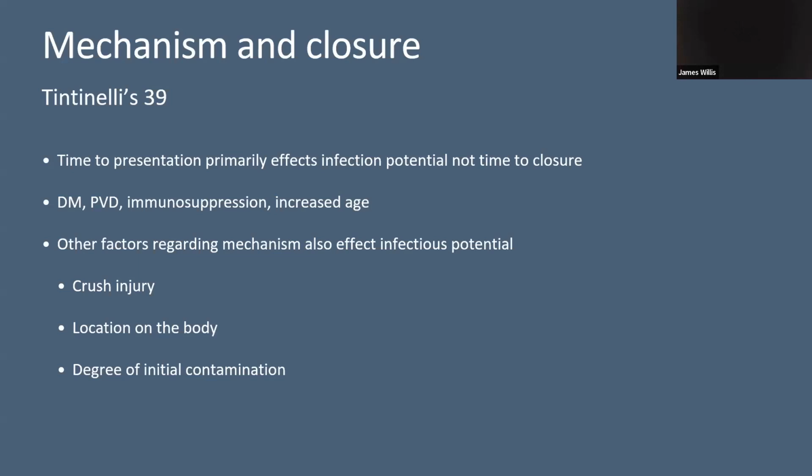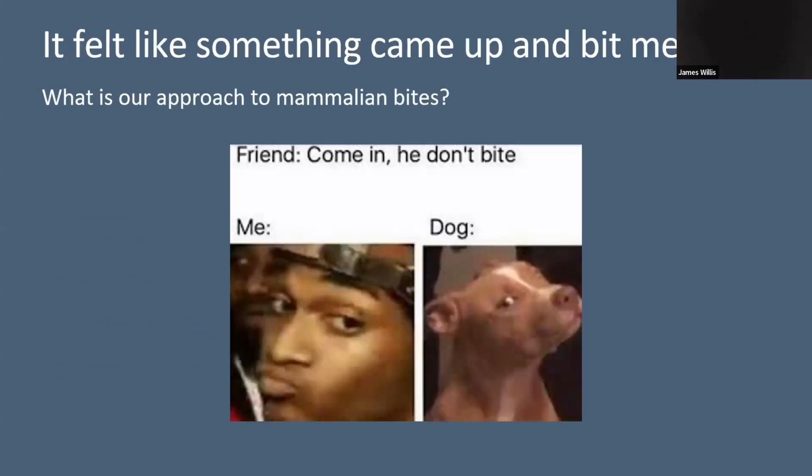Location on the body, certain areas, the feet, the groin, we know these have more bacteria than other areas of the skin, as well as the degree of initial contamination. If someone's covered in dirt, they're probably a bit more at risk than if it happens in a clean OR or something like that.